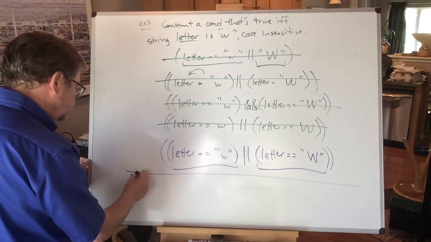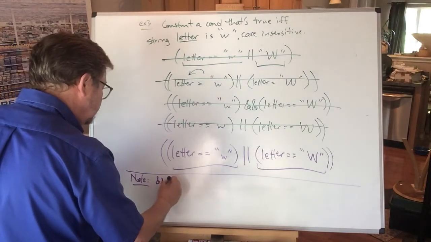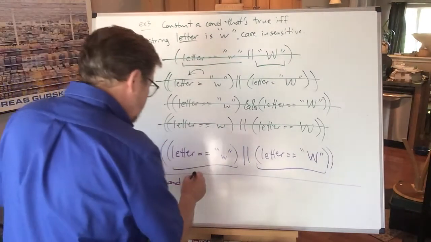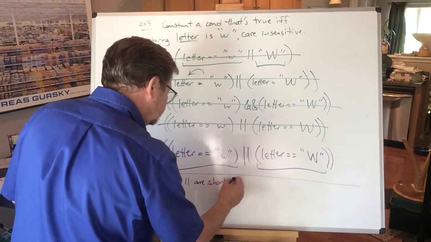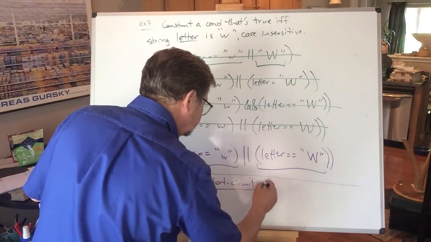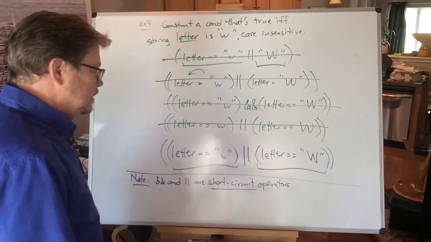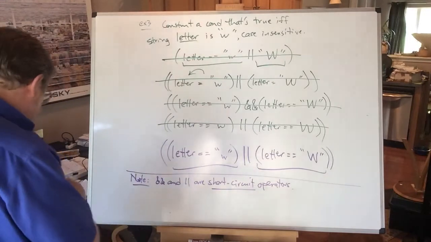Note, and and or, two ampersands and two vertical bars, are short circuit operators. Meaning they're like me. They're lazy. They're not going to do any more work than they have to do.